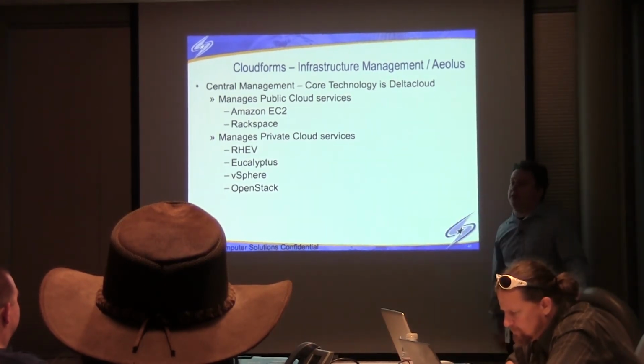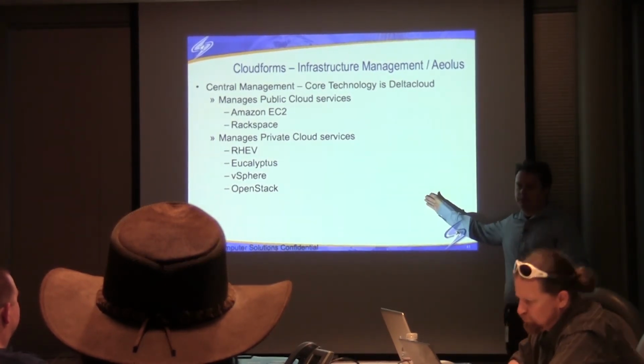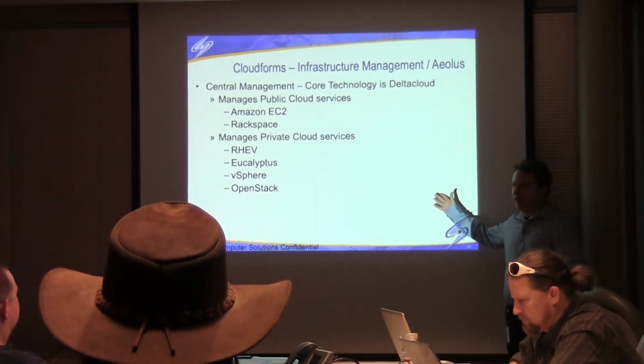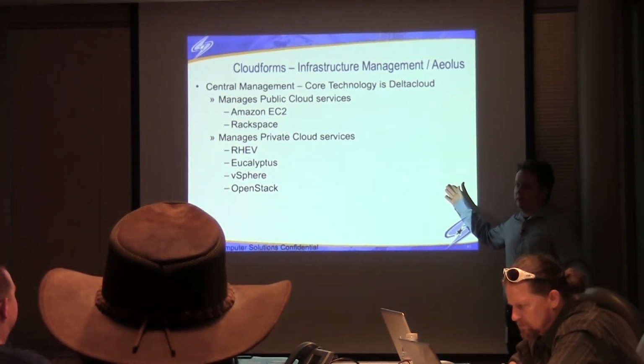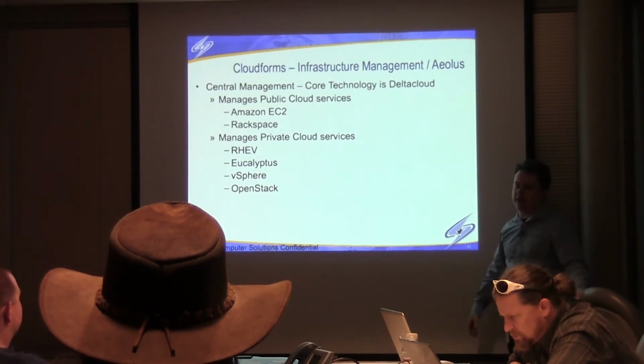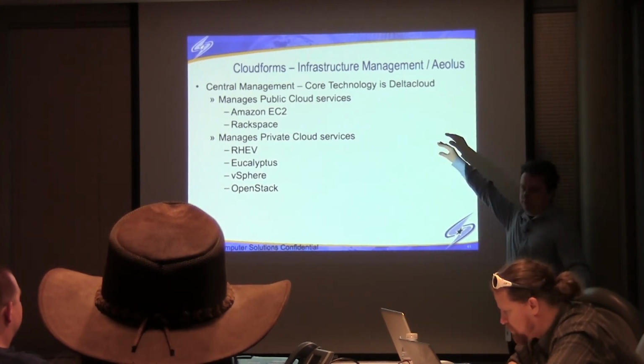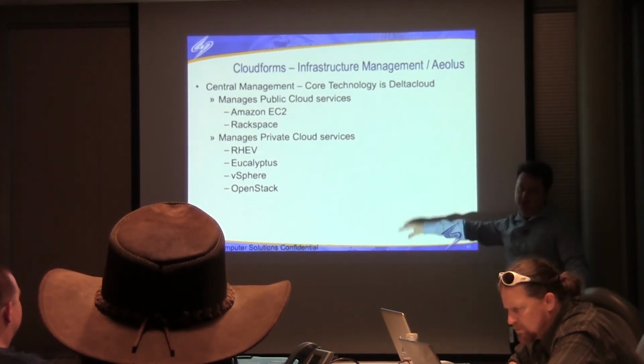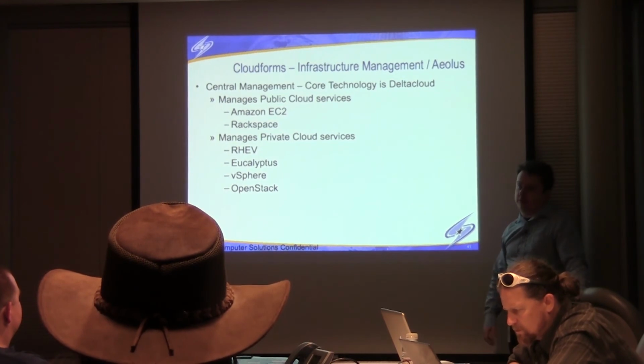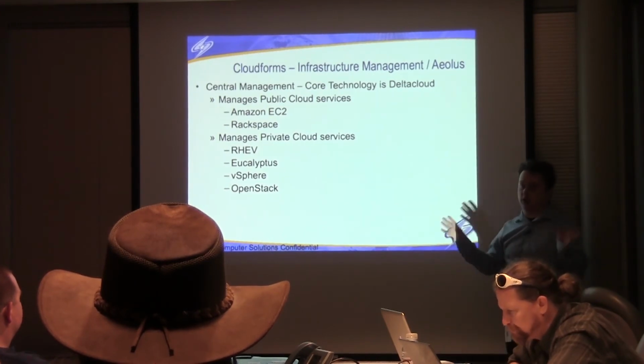I'll show you this in a minute. This is a product that I can't sell yet, and I've been evaluating it. And this kicks the crap out of VMware vCloud because it works across all of these platforms. So if you're using EC2, you manage all your images right from one console.